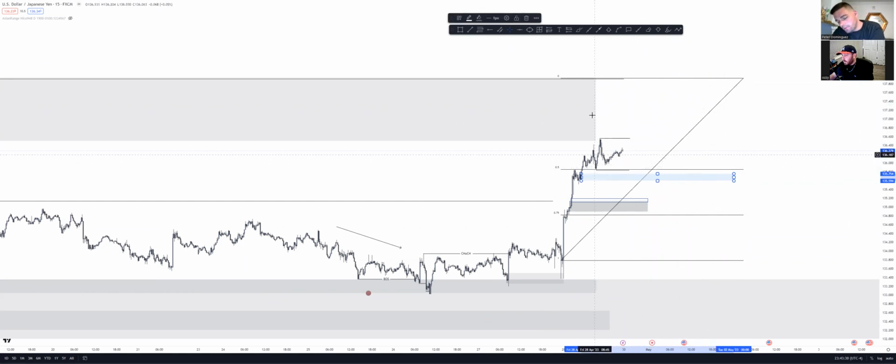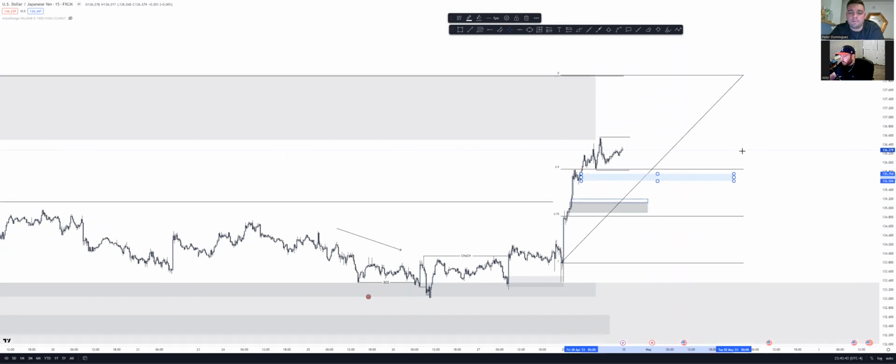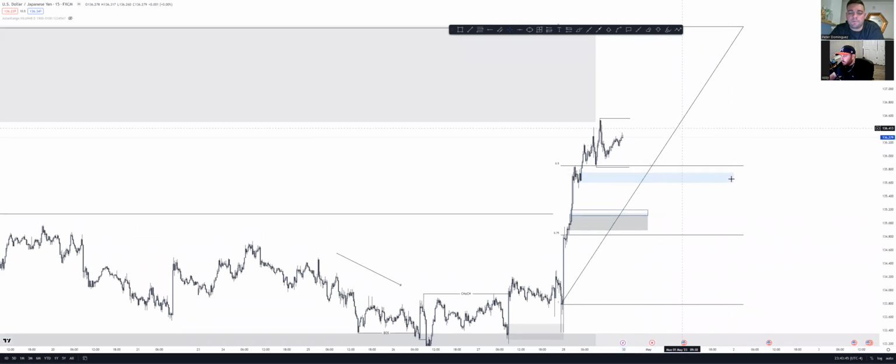You get what I'm saying? Because if the full push is up to this area, then that pullback still falls in under discounted price. So that could be another potential. I'm actually going to have to be honest with you, I feel like that's a little bit more probable for this week.